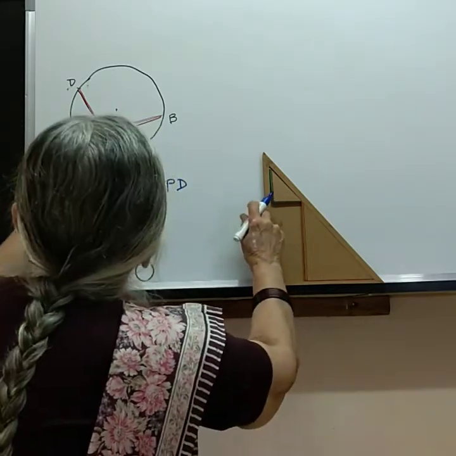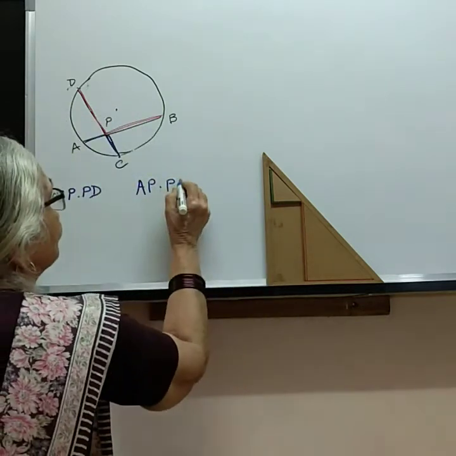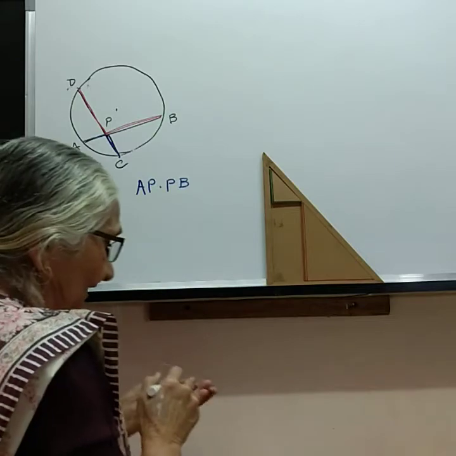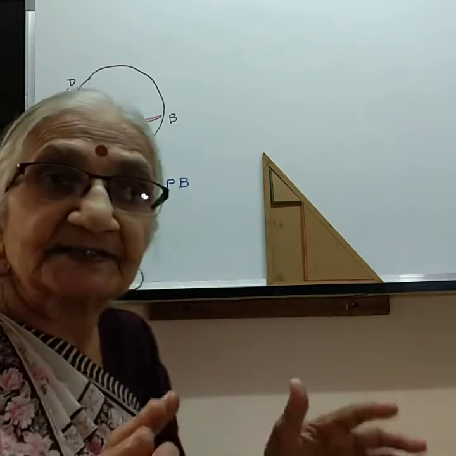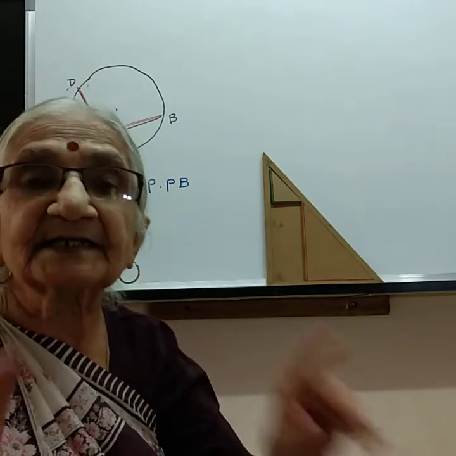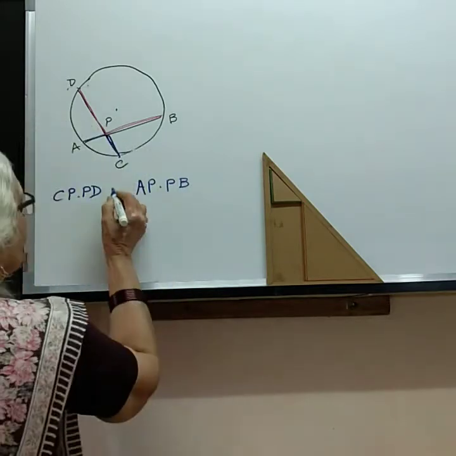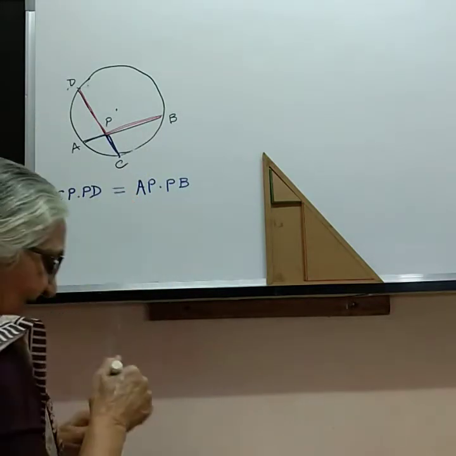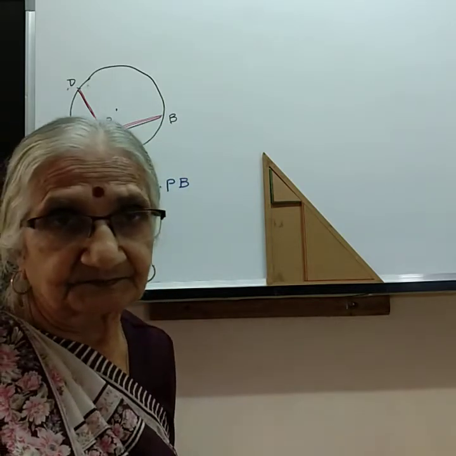We have single green is AP, double red is PB. So, the process was the same. Same big triangle, same two triangles to be removed, and therefore what remains must be the same, and therefore the two are equal, and that verifies or demonstrates our result.